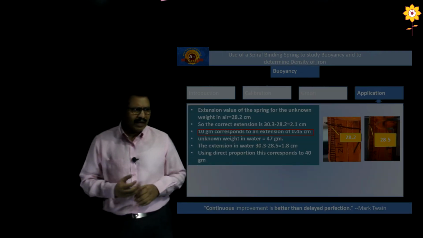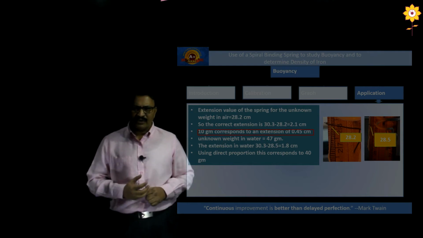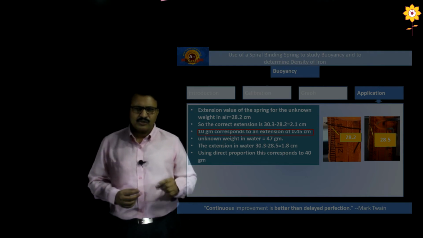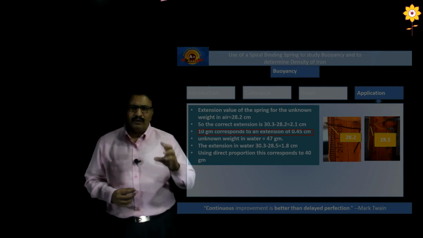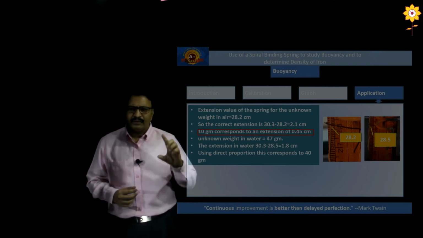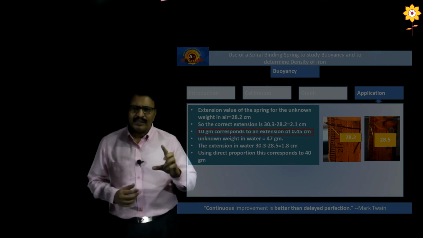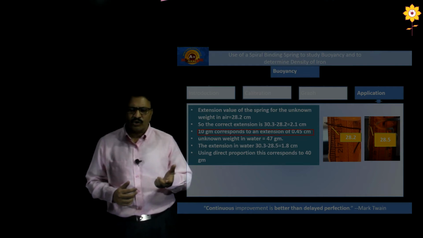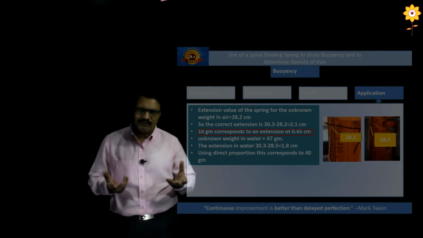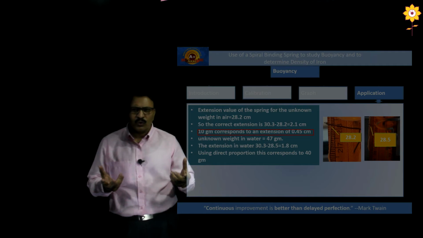These readings which you are seeing are the extensions of an unknown weight, and even the density and the material are unknown. Of course we knew that it was soft iron, but this is an unknown shape, and the weight was also not known to us.